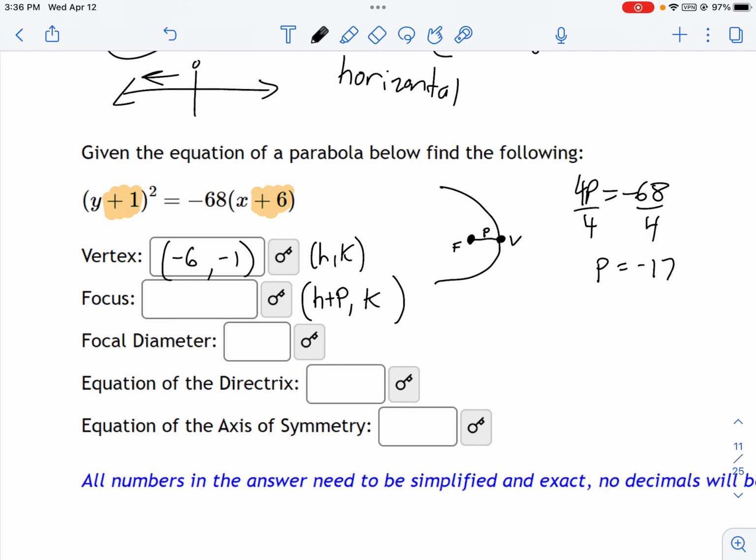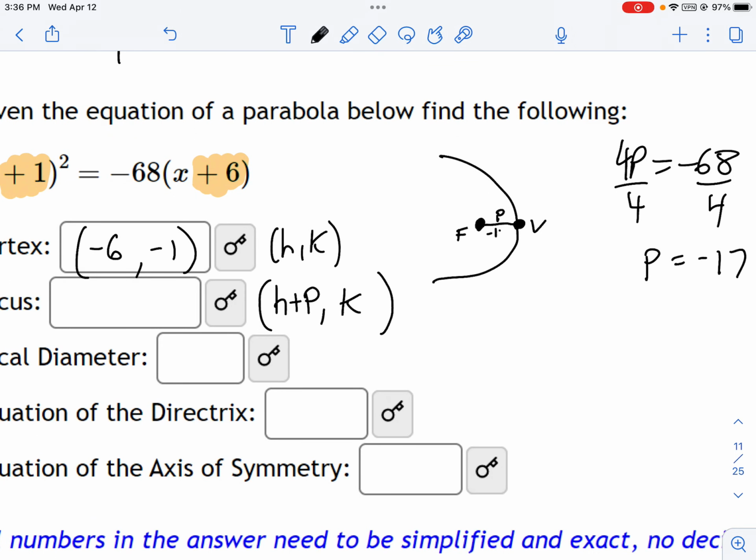Which means that we go negative 17 to the left from the vertex. Starting at negative 6, we're going negative 17 more to the left, but our y stays the same. Negative 6 minus 17 is negative 23. So negative 23, comma, negative 1 is the coordinate point for your focus.